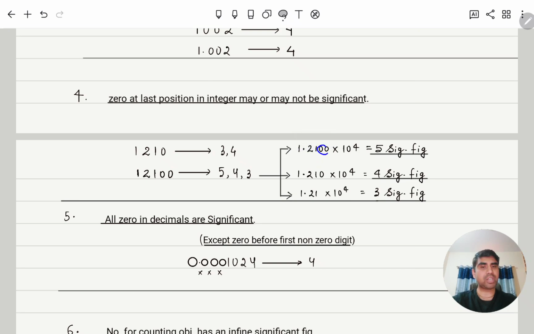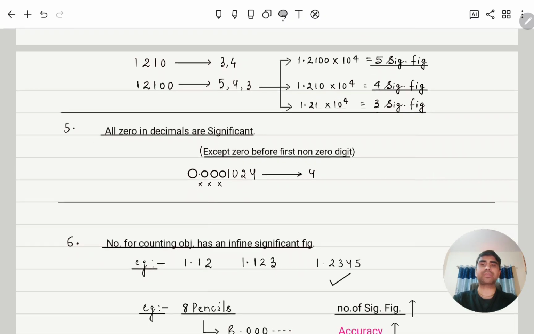If I consider the last 0, overall how many significant figures? 5. Here 1210, including 0, how many significant figures? 4. And if I remove that 0, how many? 3. If we multiply, either this one or this one, you will get the same digits. No need to worry. Okay.